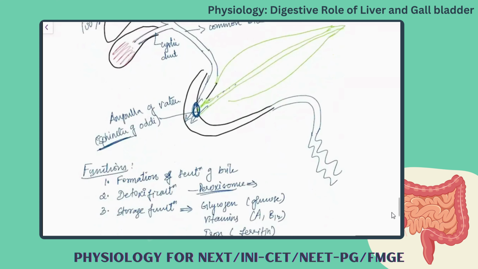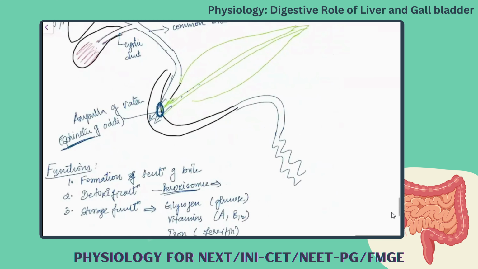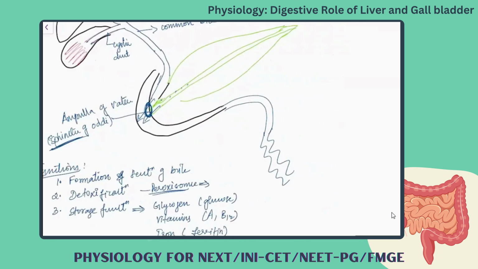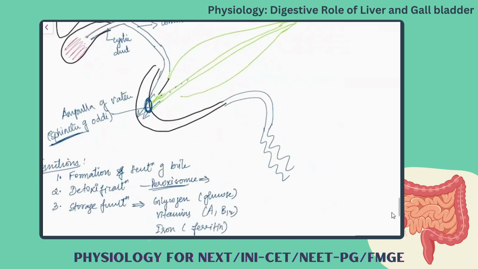After doing all the functions, the conjugation, bilirubin, everything is done. Later, the fecal matter is excreted, and only 5% of the bile is excreted.